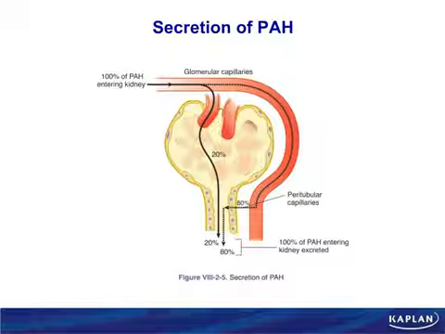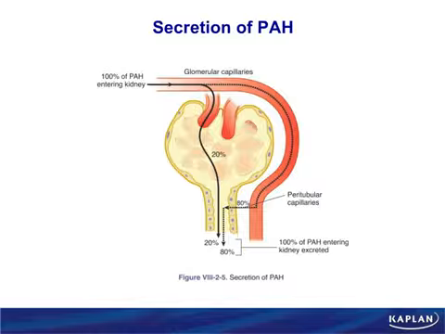Now, we said earlier that the filtration fraction is 20%, and that's still true here. 20% of that renal plasma flow will be filtered, and therefore 20% of the PAH will be filtered right here at the glomeruli. The other 80% will be secreted at the peritubular capillaries. So 20% is filtered, 80% is secreted, 100% is excreted, 100% is cleared.